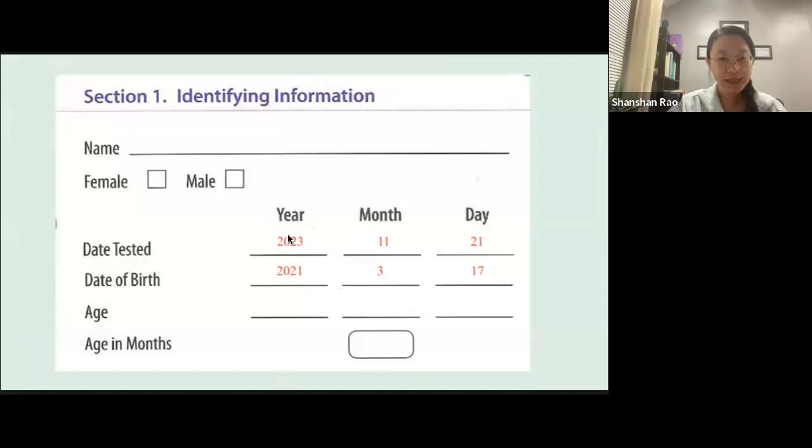For example, if we test the student today, which is November 21st, 2023, and the student's birthday is on March 17, 2021, we're going to calculate the age in months for the student. You can type your answer in the chat box for me. I'm going to give everybody 2 minutes to calculate.